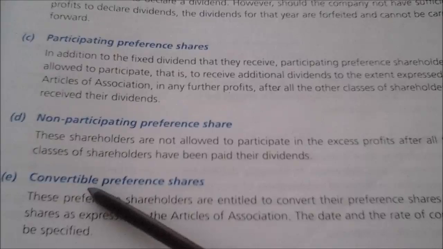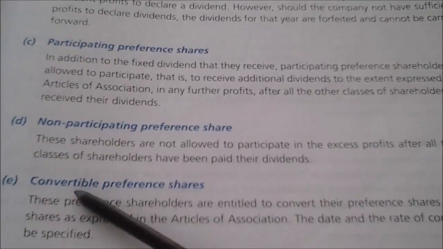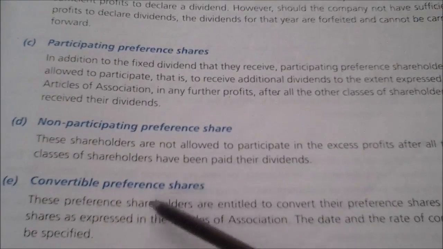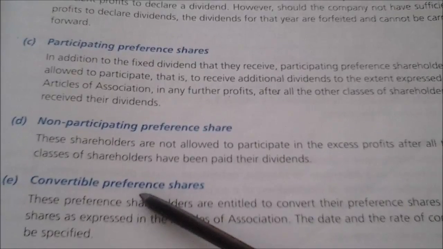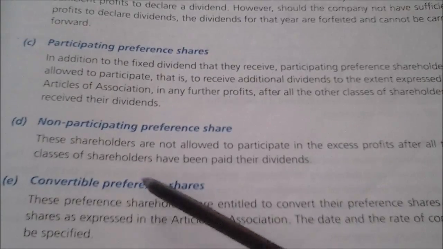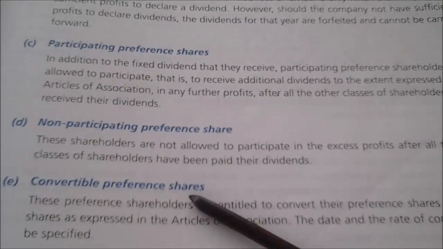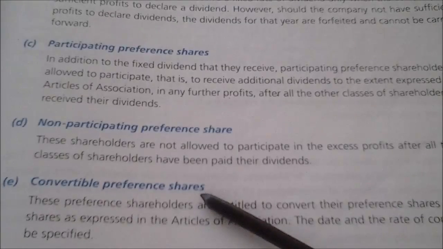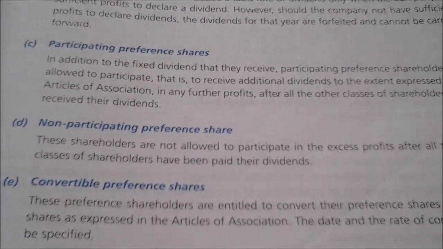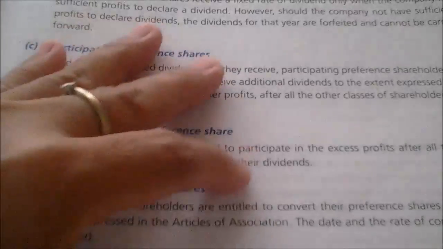So when they purchase, they say, I would like to purchase convertible preference shares, meaning that after a certain period, they can change their preference shares into ordinary shares and they become entitled to vote. So that is convertible preference shares.